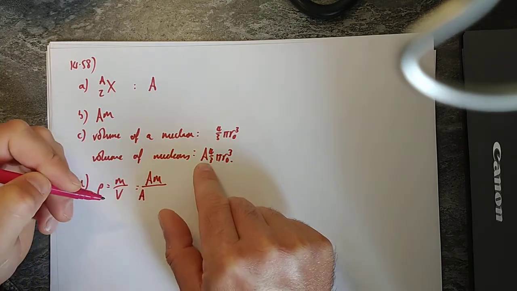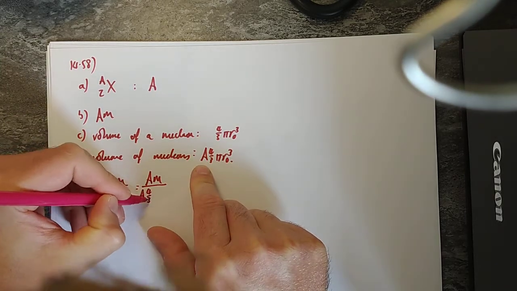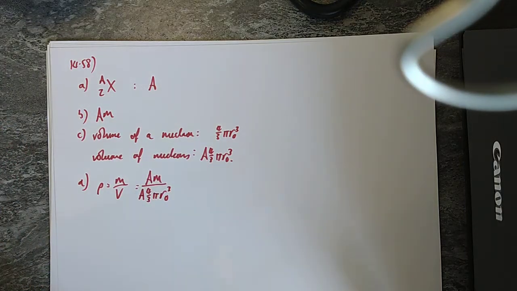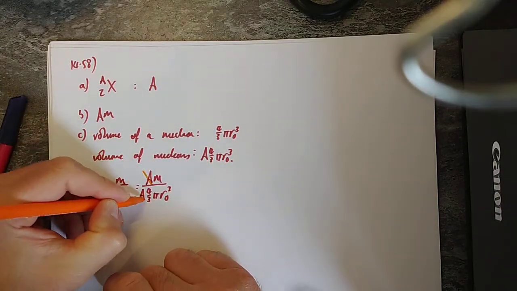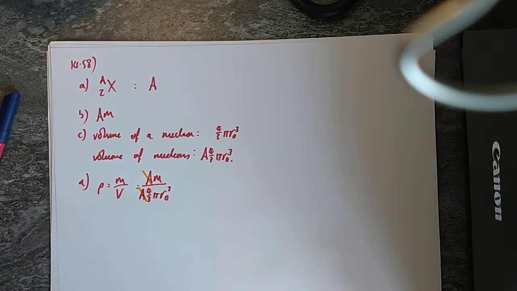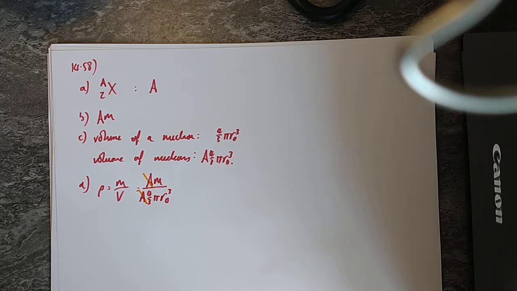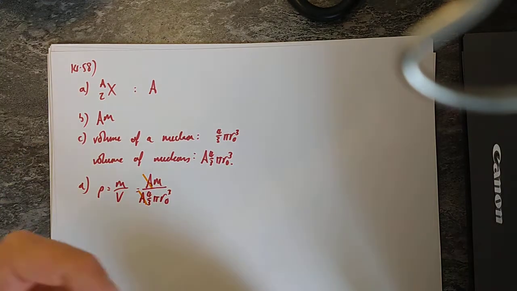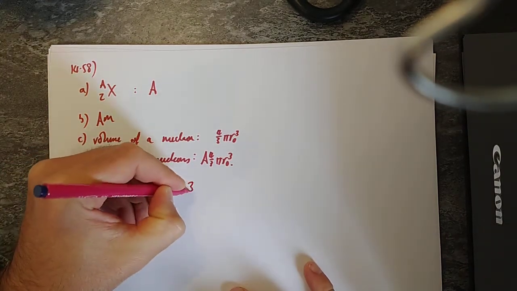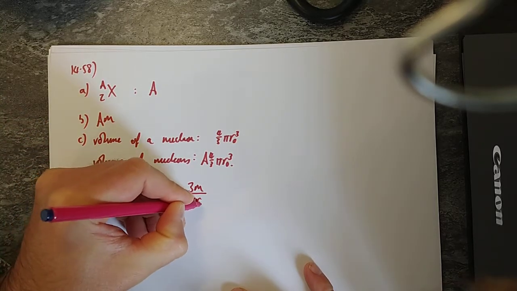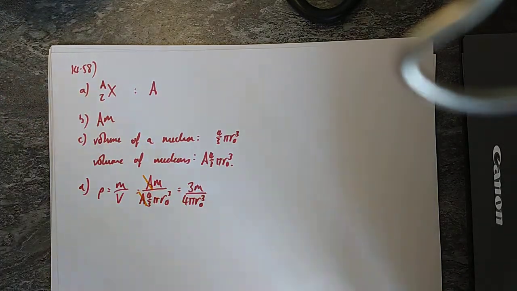So I'm going to write this, which is the volume of all the protons and neutrons, on the bottom. And you can see here straight away that the A's cancel. So if I just tidy this up a little bit, I can bring the 3 from the bottom. So I've got 3m over 4 pi r0 cubed.